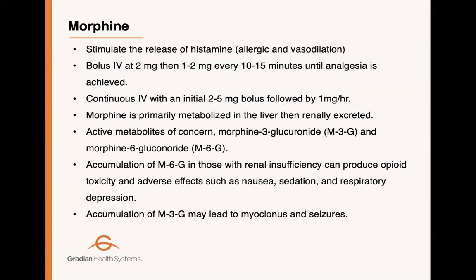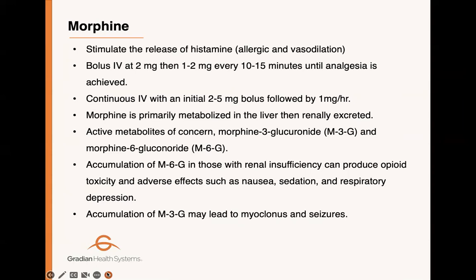It's usually used for management of severe pain in combination with other adjunct medication. The half-life is around 1.5 to 2 hours when given IV, and the IV bolus dose is 2 milligrams. Then you can give 1 to 2 milligrams every 10 to 15 minutes, and you assess the patient until you get pain satisfaction, below moderate to mild.